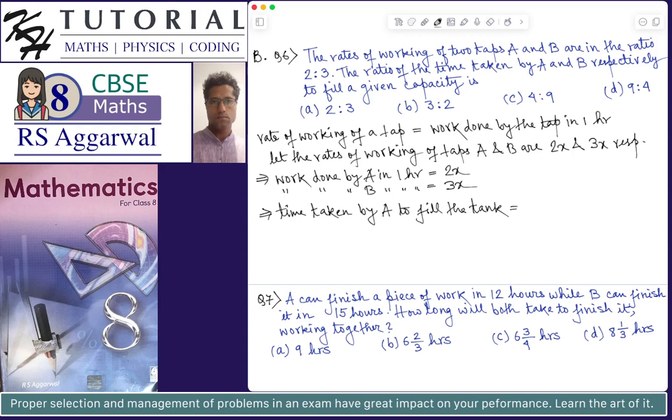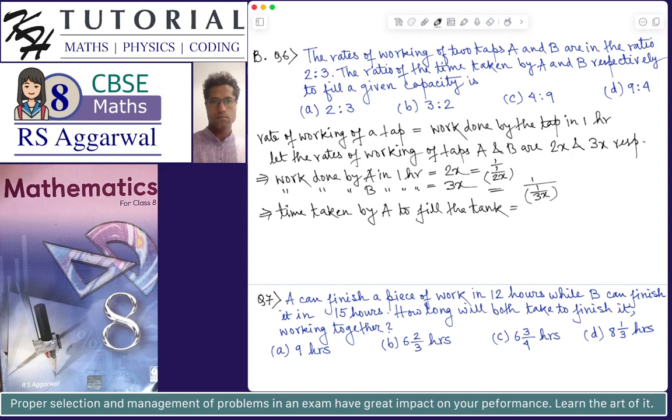The fraction could also be 1. If it is 1, it means that it is doing the whole work. So, it is better if we express 2x as a fraction in the form of 1 by n. So, 2x can be written as 1 by 2x, and 3x can be written as 1 by 3x.